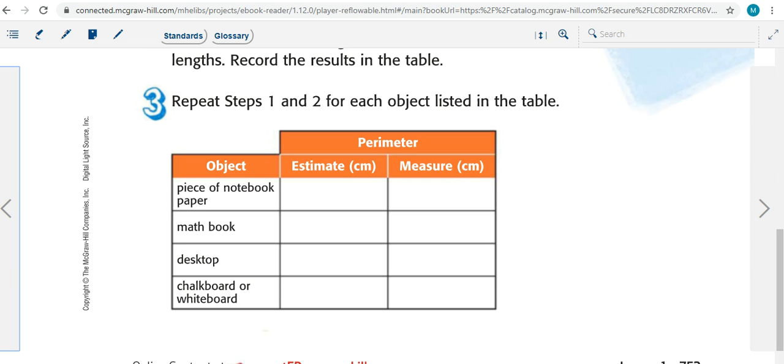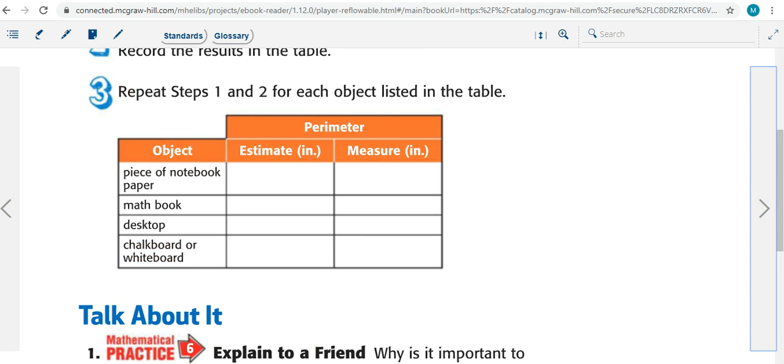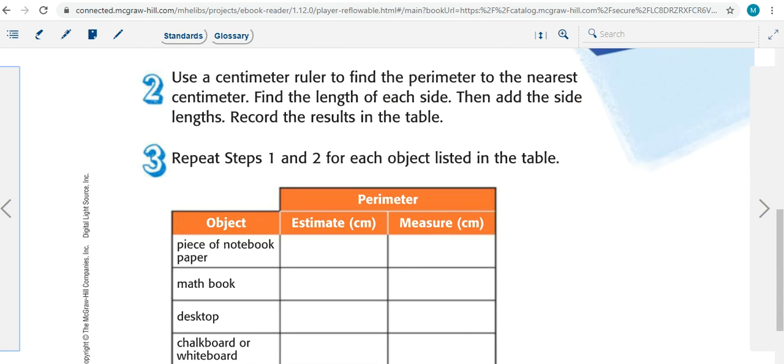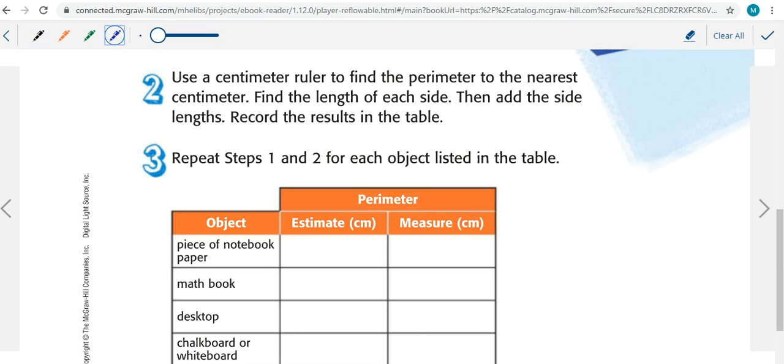On this side, we are going to estimate these objects using centimeters. On this other page, you are going to estimate the same objects, but in inches. For example, Miss Marlene is going to estimate, and you guys are going to do the rest by yourselves.